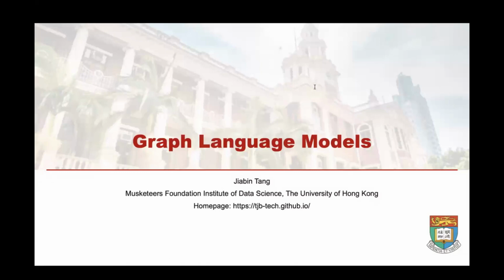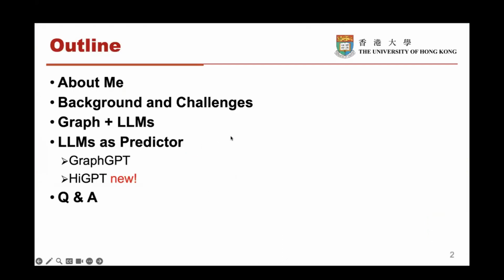Okay, hello everyone. I'm Jiabin Tang from the Institute of Data Science at the University of Hong Kong. Today I will give the presentation titled Graph Language Models, that is, combining graph learning with large language models. My presentation will follow this outline.